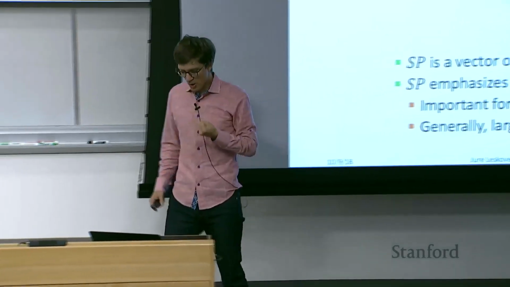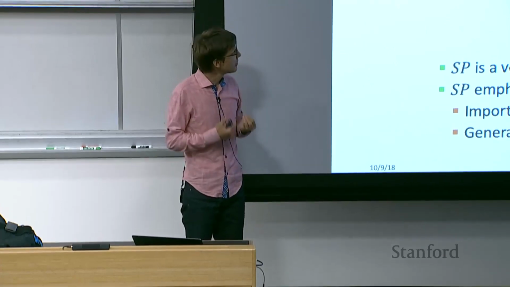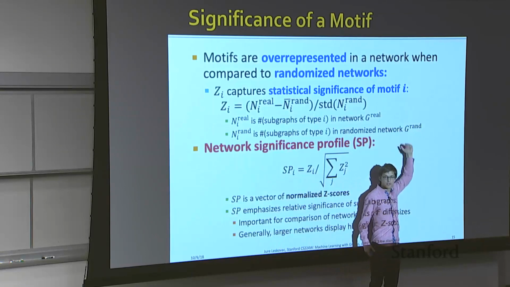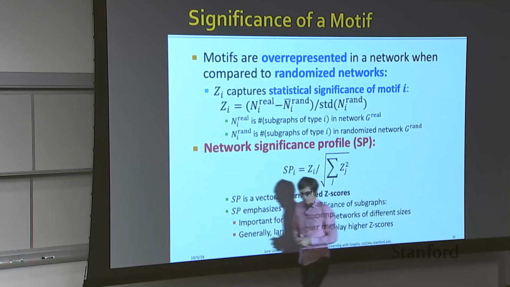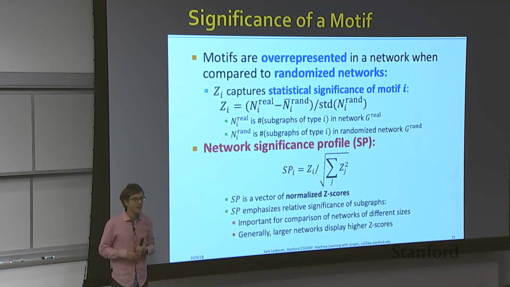So now we know how to compute the significance profile. The only thing we don't know yet is how this random graph is being generated. We need a null model, a model to generate these random graphs. The question is, what kind of null model should we use?